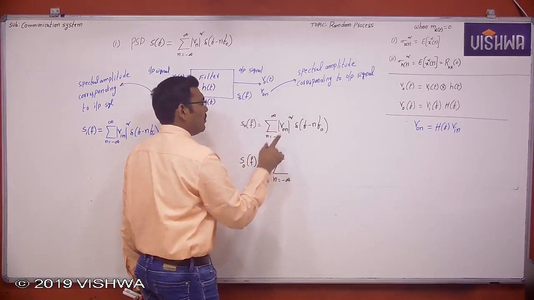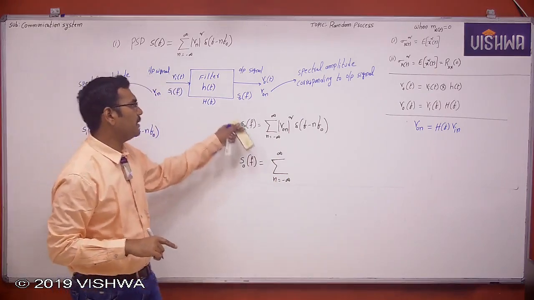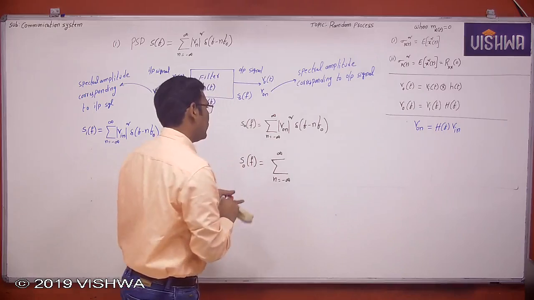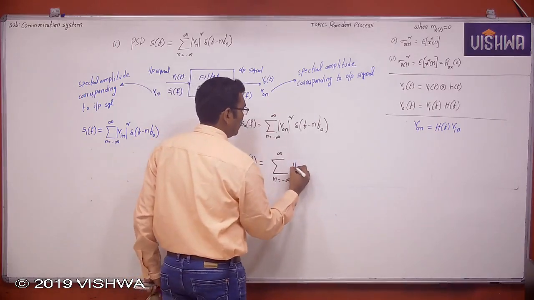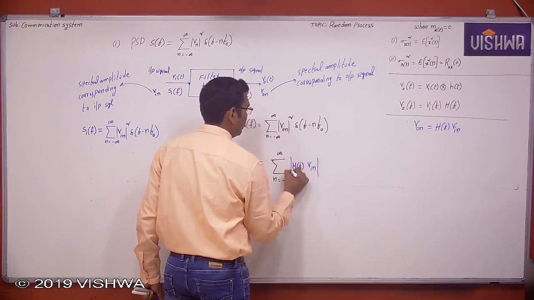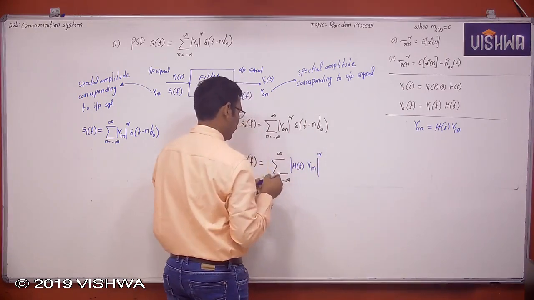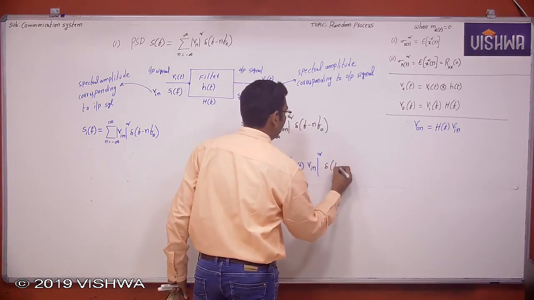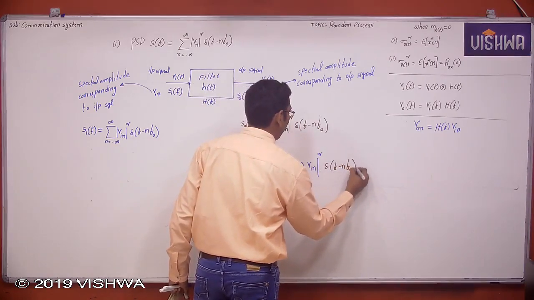What is V naught n? Let me substitute here. V naught n is equal to h of f into Vin, whole square, into delta of f minus n f naught.